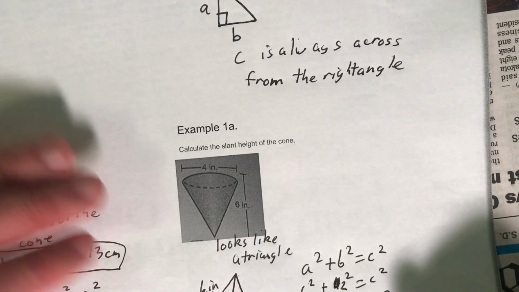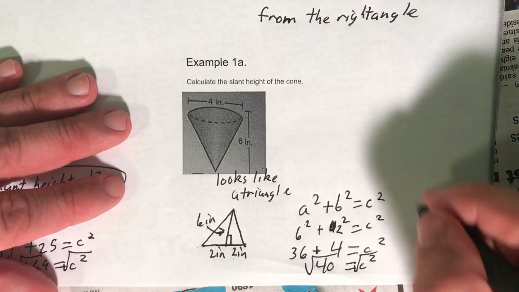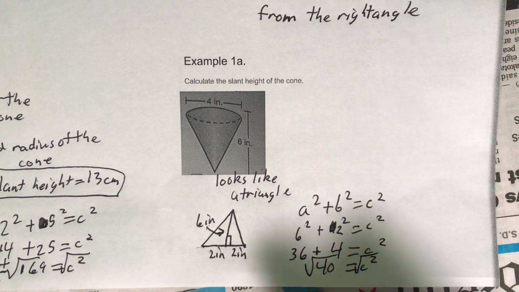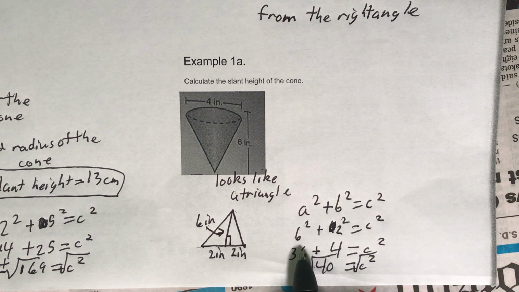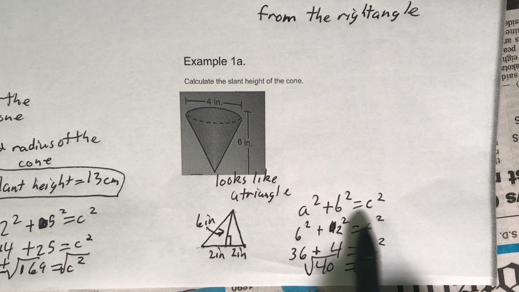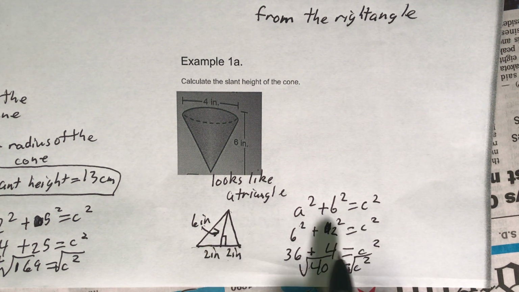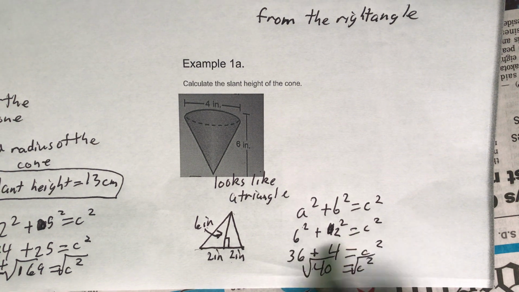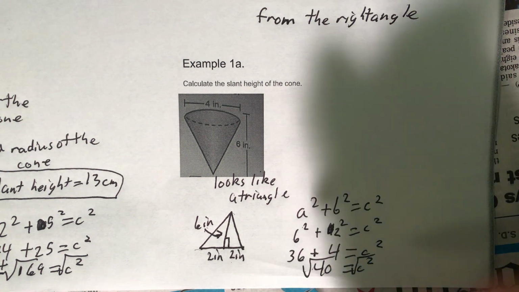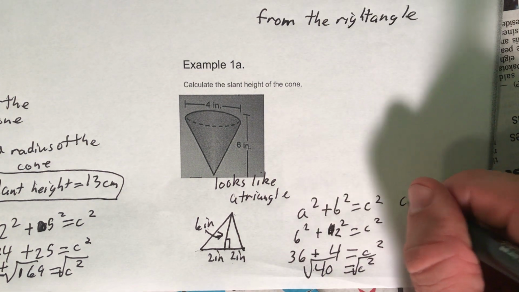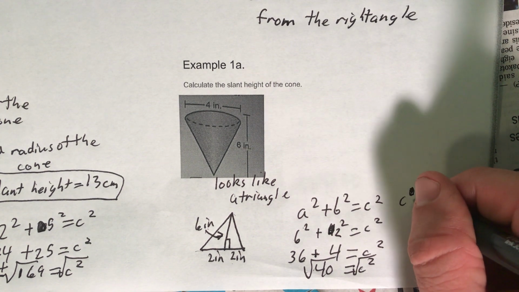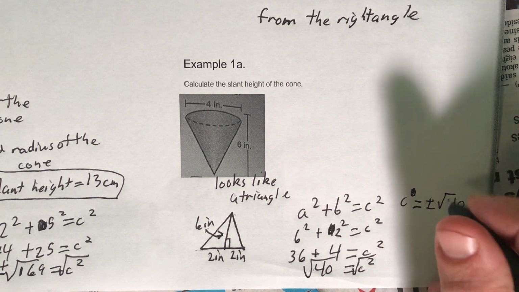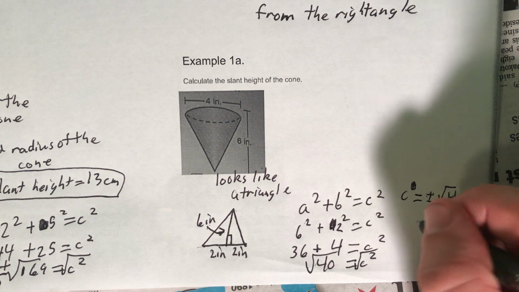So then, yep, and hopefully I wasn't just doing that for myself there. Okay, so obviously use Pythagorean theorem. Got a squared plus b squared equals c squared. Subbed in 6 for a, subbed in 2 for b. Went through. Got 40. c squared, or c equals plus or minus square root of 40, but it is a distance, so don't need plus or minus.